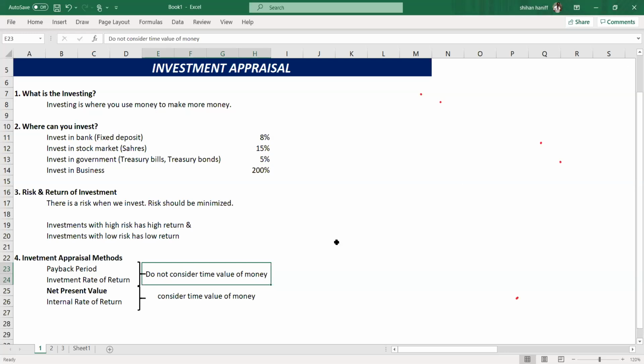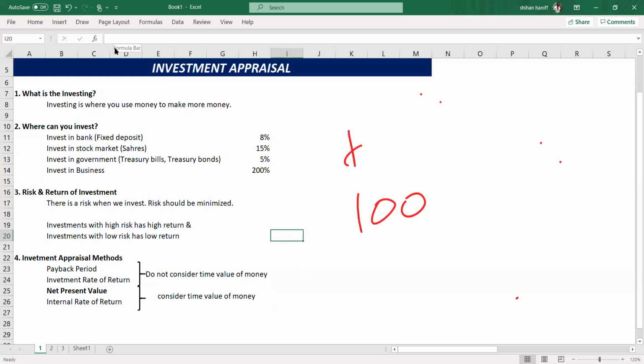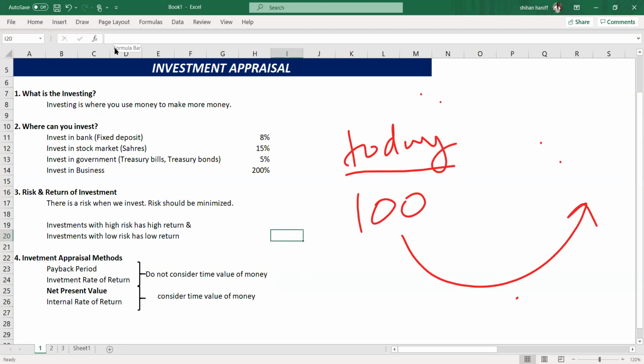So what is time value of money? If you take today's 100 rupees, today you have 100, but after 1 year, the value of this 100 is not the same.